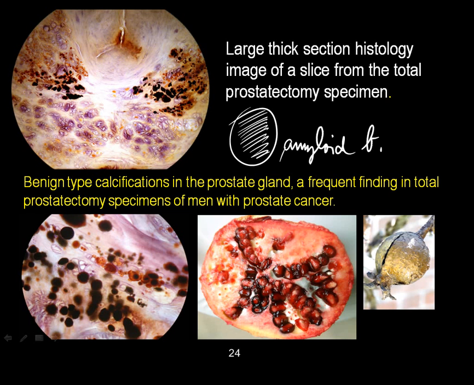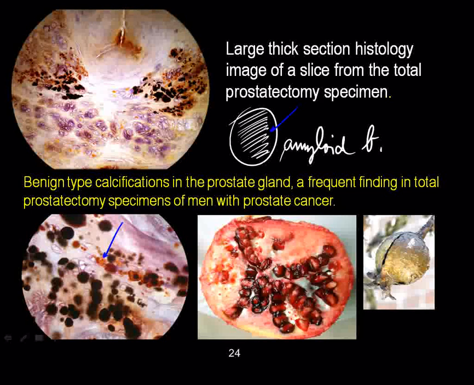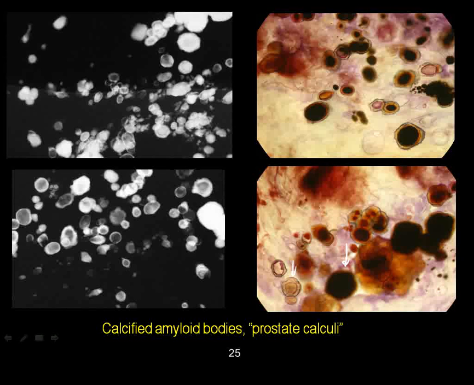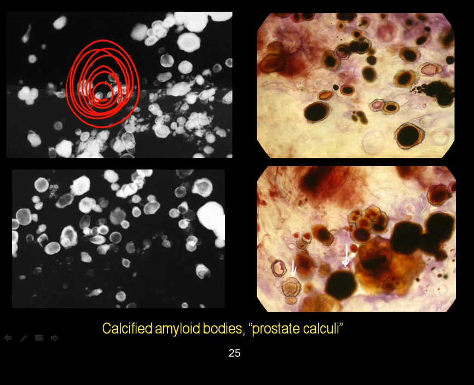And that is going to attract to itself the calcifications. So here is the amyloid body, not calcified yet, and here are the prostate calculi. These are actually, under the microscope, very nice, laminated, oyster pearl-like, onion ring-like calcifications. You see it here. Didn't calcify yet. This one calcified.